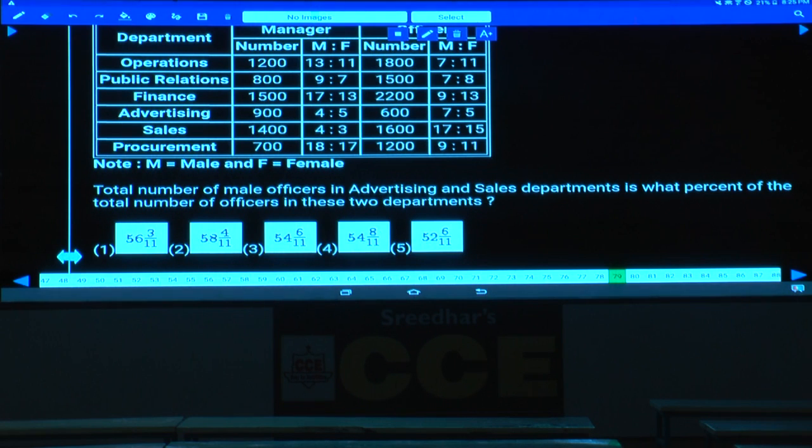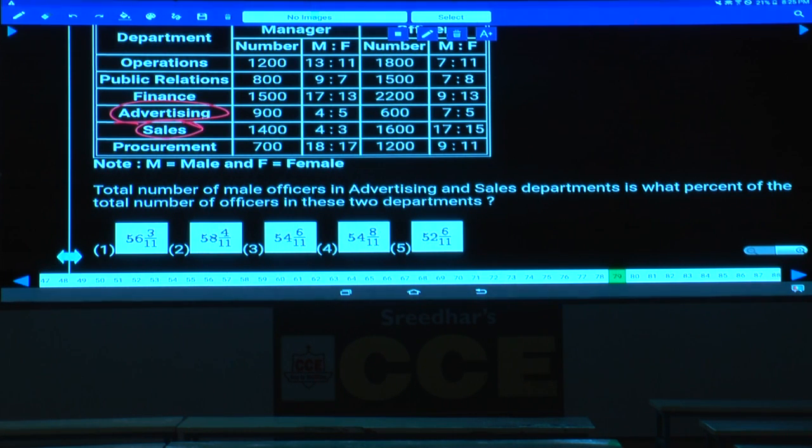Total number of male officers in advertising and sales department is what percent of the total number of officers in these two departments? Okay. Advertising and sales.